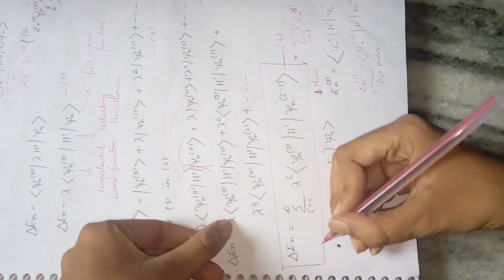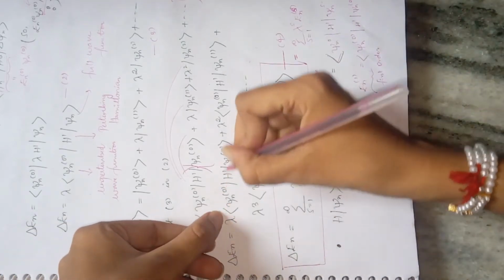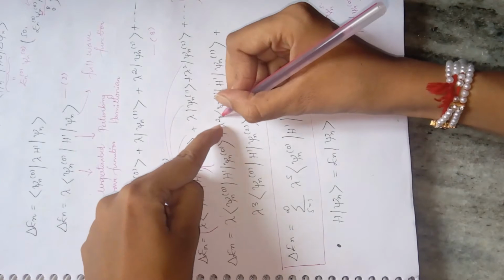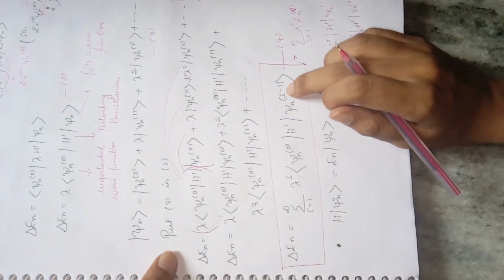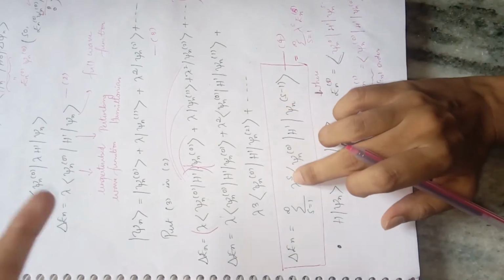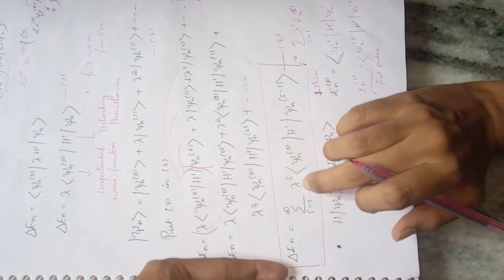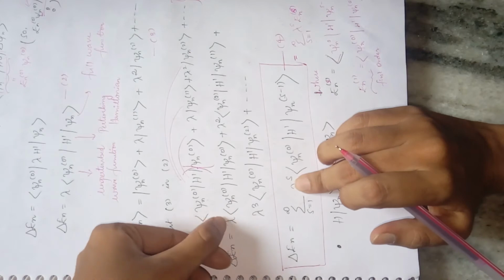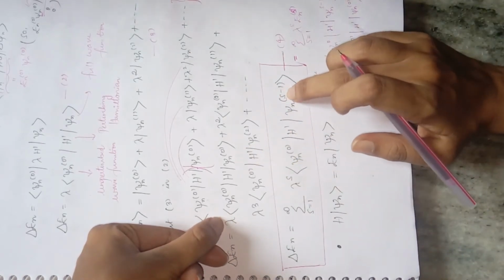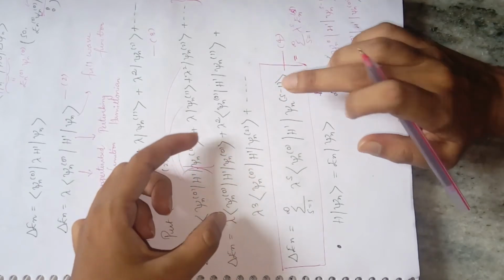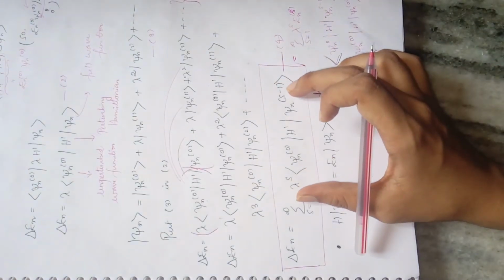Because if you look here, the power is 1, so here it is 0. If it is 2, it is 1. So the term will always be 1 less than the lambda power. If lambda power is 1, 1 minus 1 is 0, and you will get this term. So this is the simplified form.